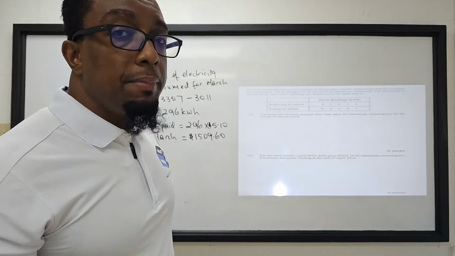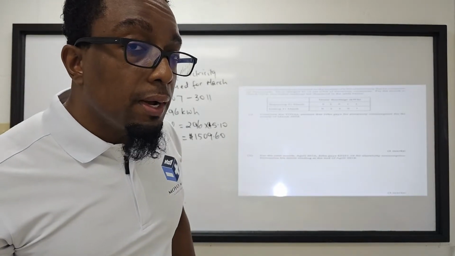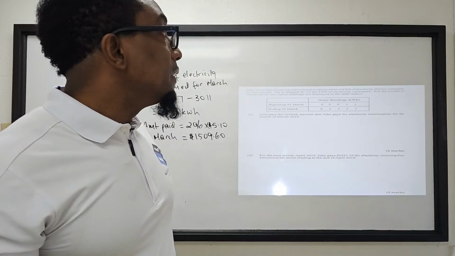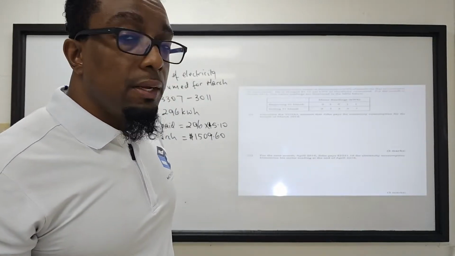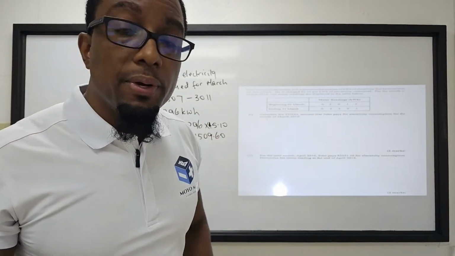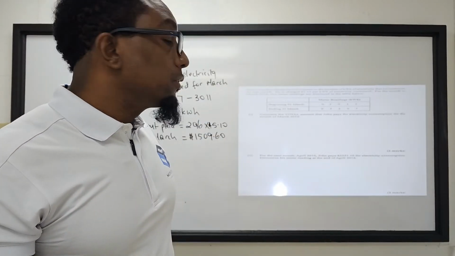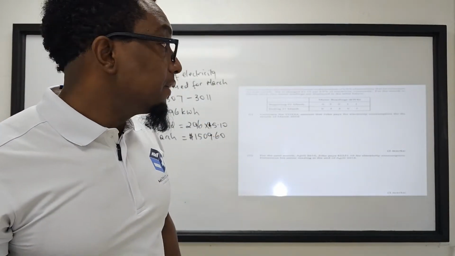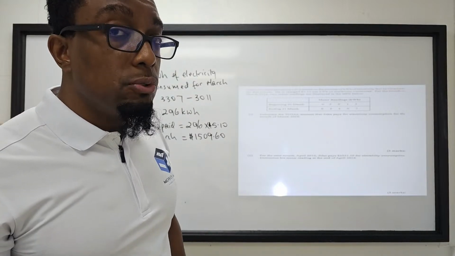For us to determine the meter reading in kilowatt hours, if we know 1 kilowatt hour is equal to $5.10, then it's going to be very straightforward to determine how much $2,351.10 will be equal to.